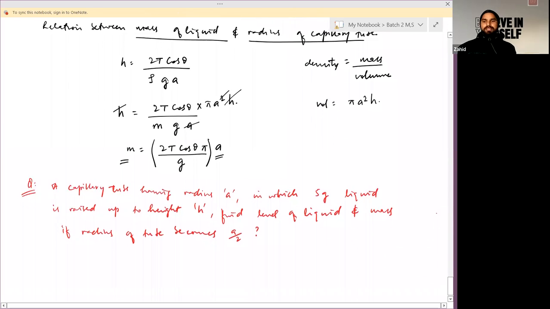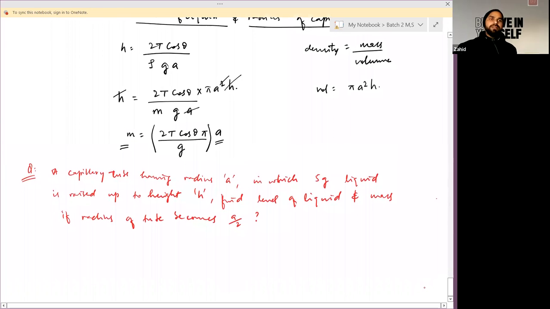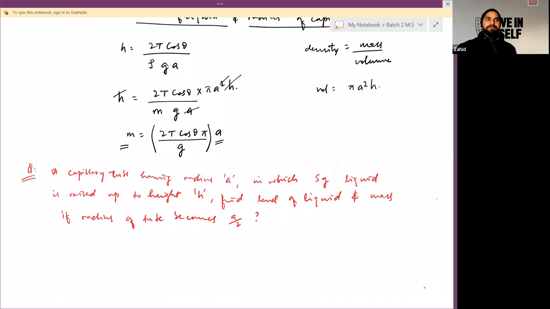Just relate how radius is related to the level of liquid or height of liquid, and how radius is related to the mass of liquid.